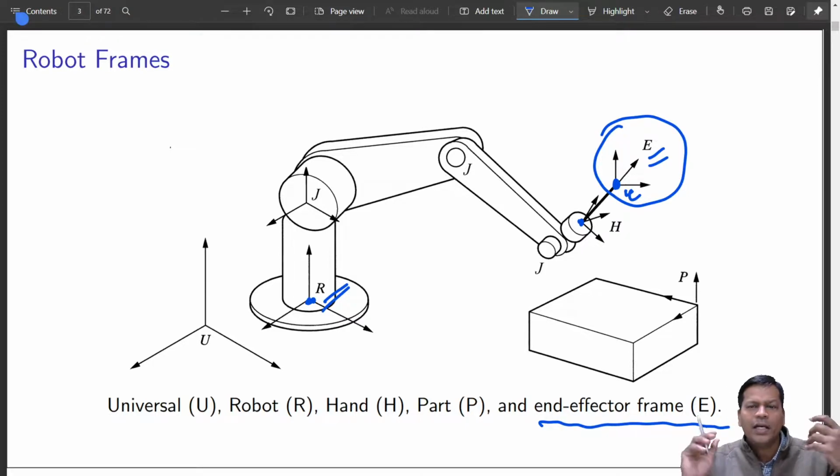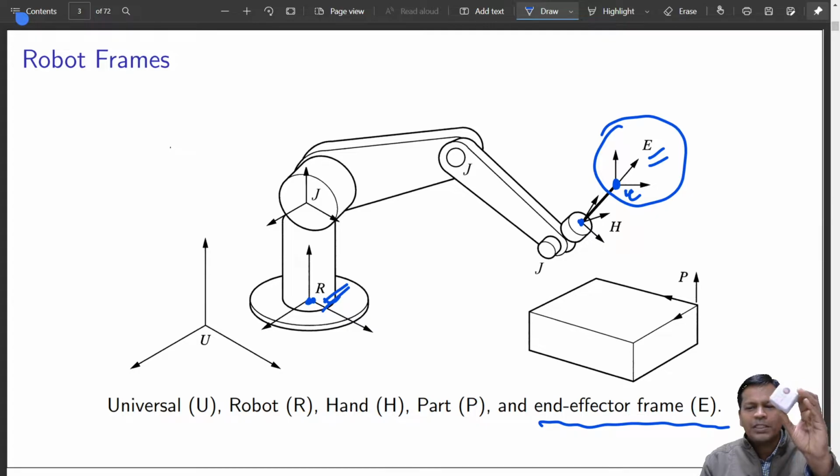So every location which I want to represent with respect to this base frame is a frame. Why is it a frame? Because I won't be just calling it a position in workspace, rather it will be position and orientation. Let us say you have an object. It is not just located at a place, it is oriented in a particular manner.